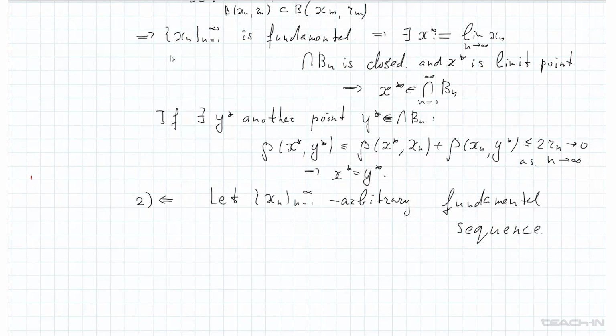By definition of fundamentality, there exists such natural number n1, for any n greater or equal n1, the distance between xn and xn1 less than 1/2.